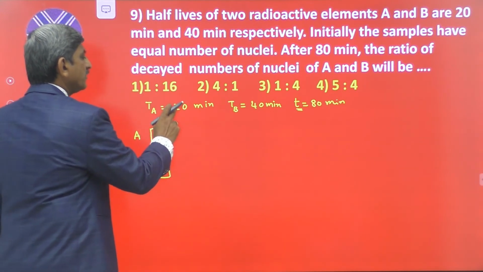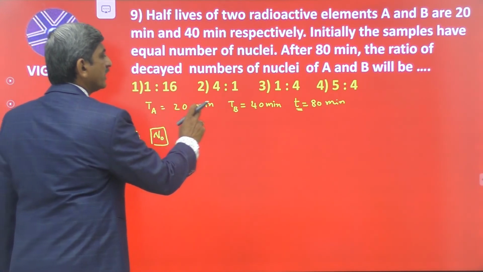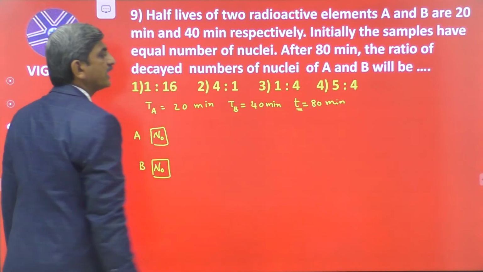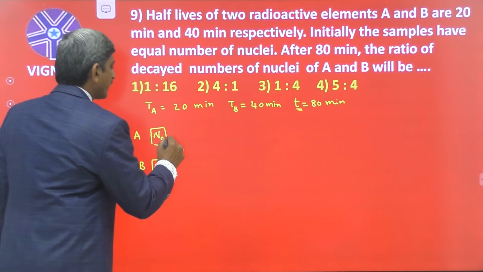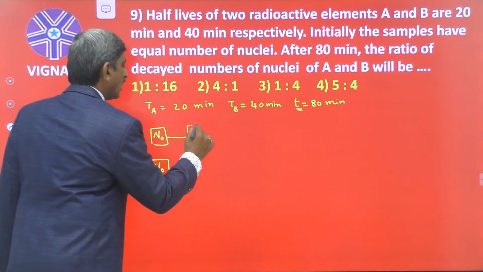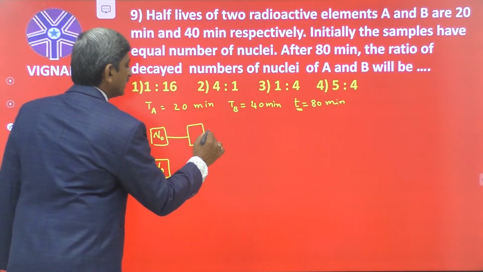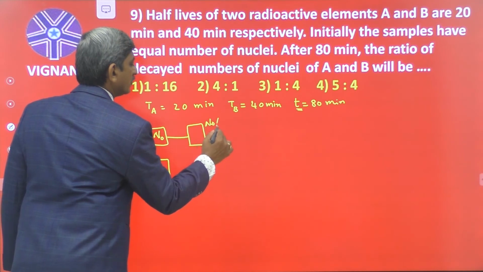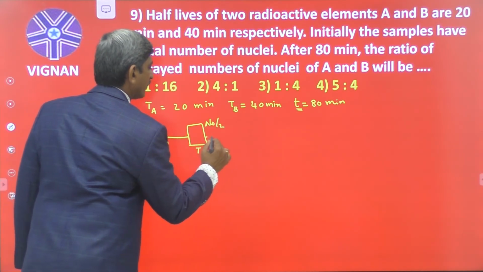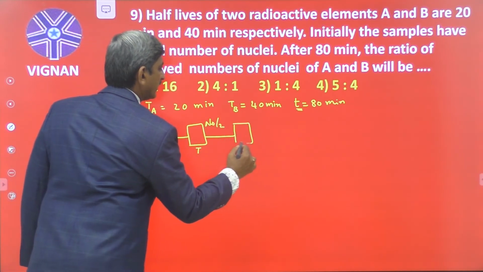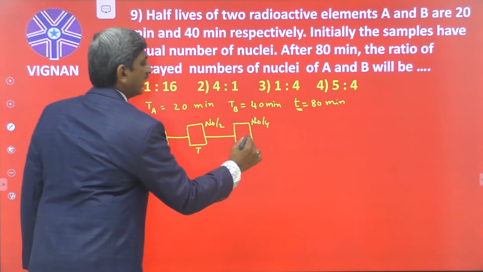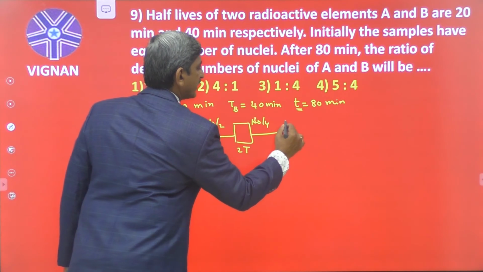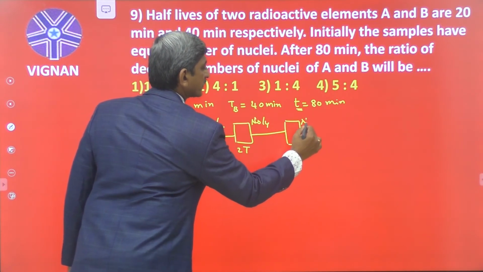Its half-life is 20 and the total time is 80, so there are 4 half-lives. After 4 half-lives, how many nuclei are present? It is N0 by 2 after 1 half-life, N0 by 4 after 2 half-lives, and N0 by 6 after 3 half-lives.